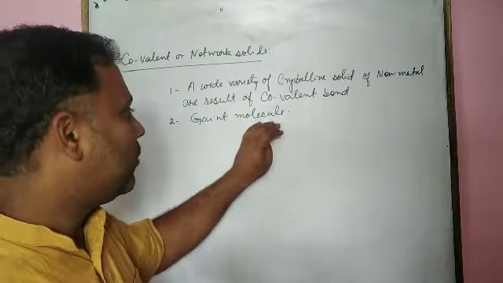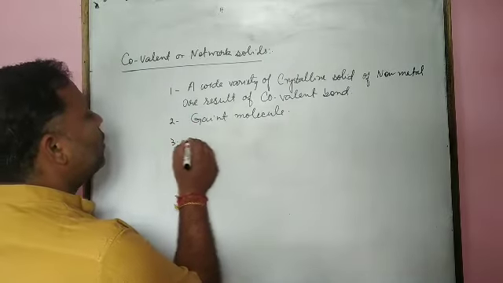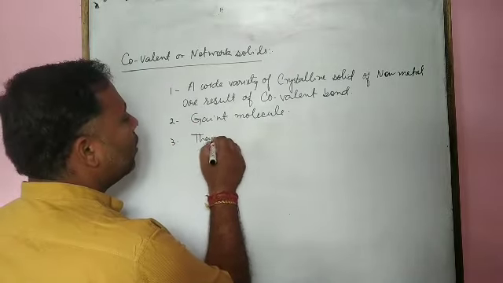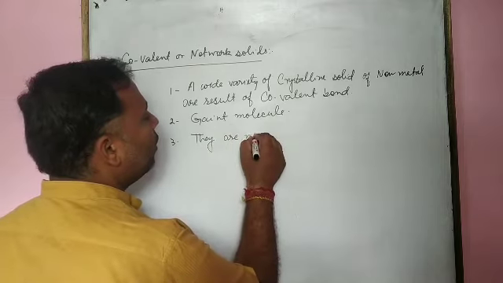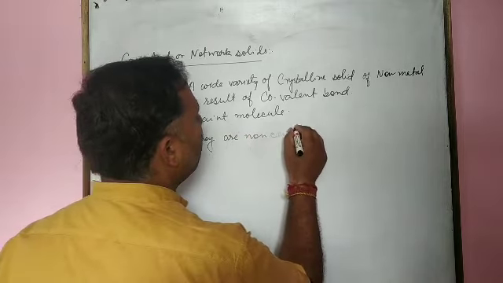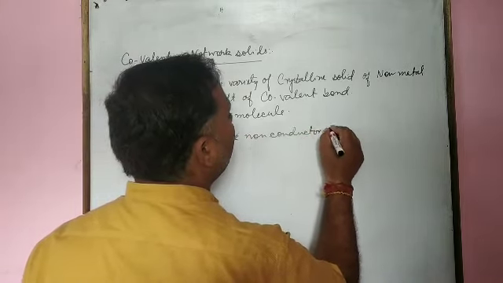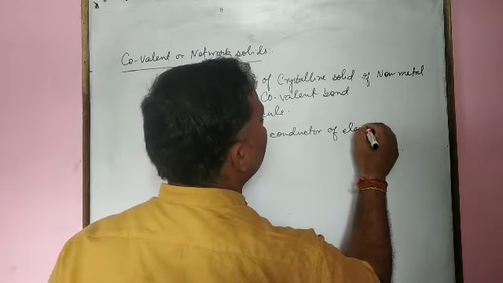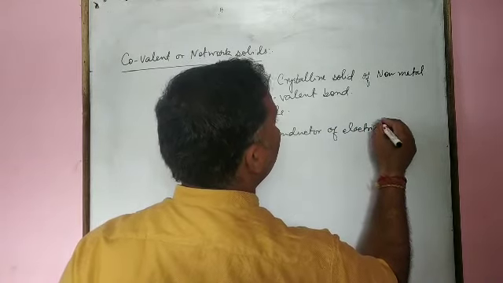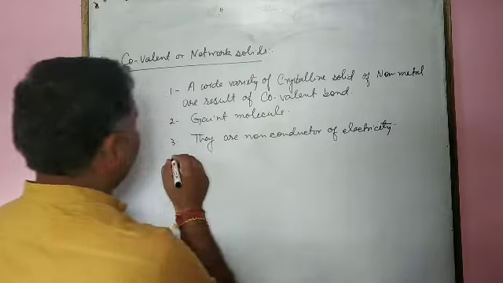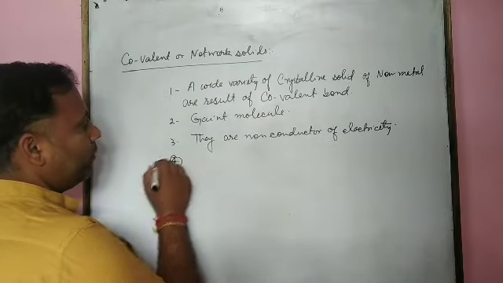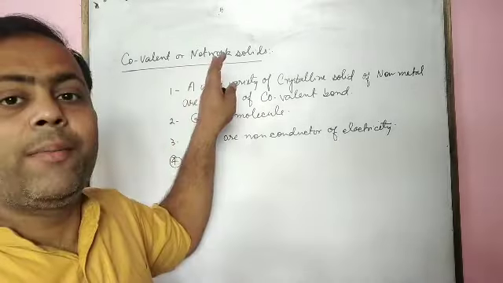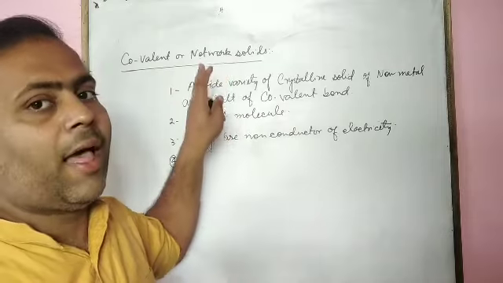These are giant molecules. The next one, they are non-conductors of electricity. Fourth one, they are crystalline. It means their bonds, the covalent bonds, are directional in nature.